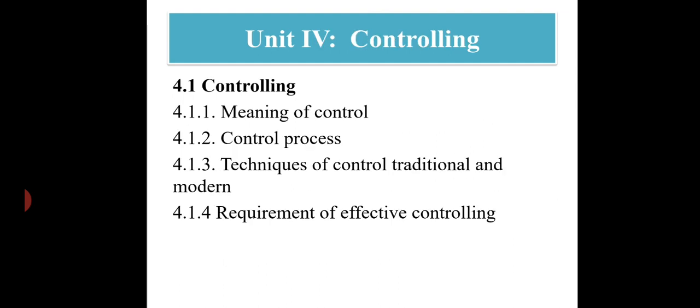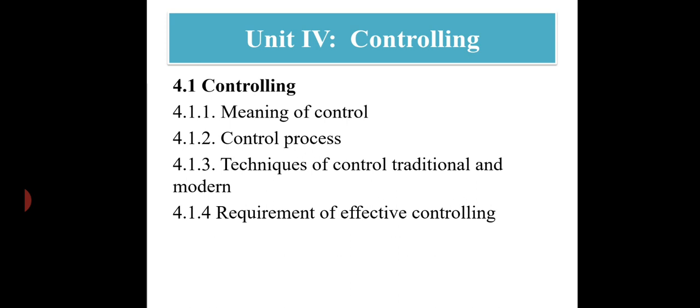And lastly, in unit fourth, we are going to deal with the last function of management, that is controlling, where we are going to see the meaning of control, the very important process of controlling, how to keep control on the organization, and how to implement the function of controlling. Next is techniques of control.